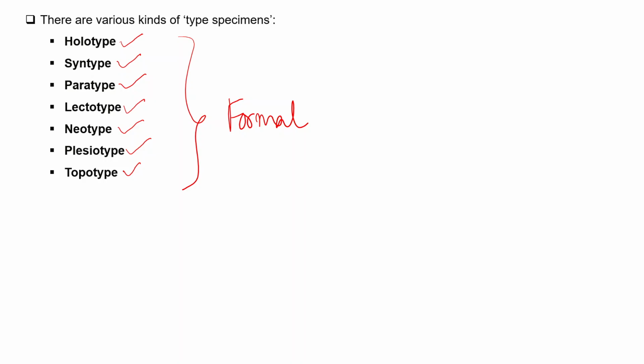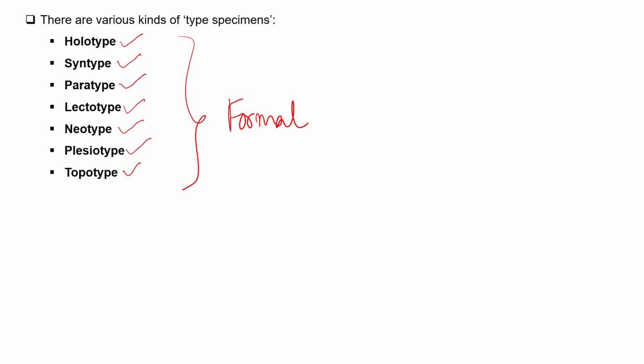We are simply using a sample, and it is quite possible that the sample shows you all the features of that particular taxon or species, but still you cannot call it a holotype or a paratype. That needs to be properly defined.